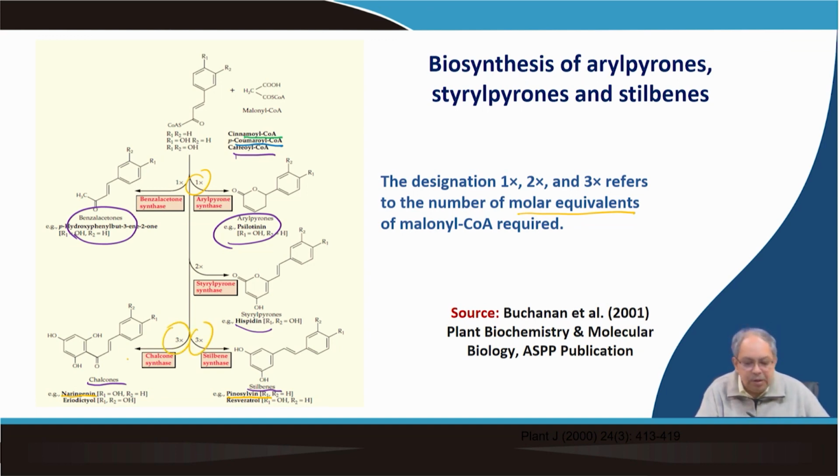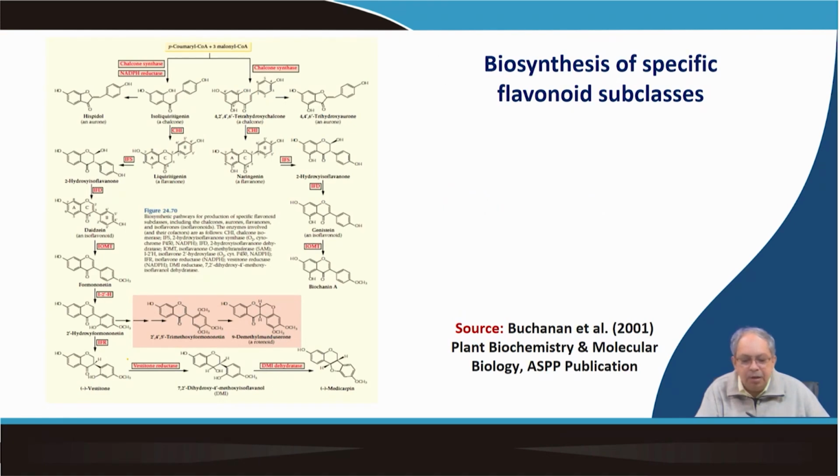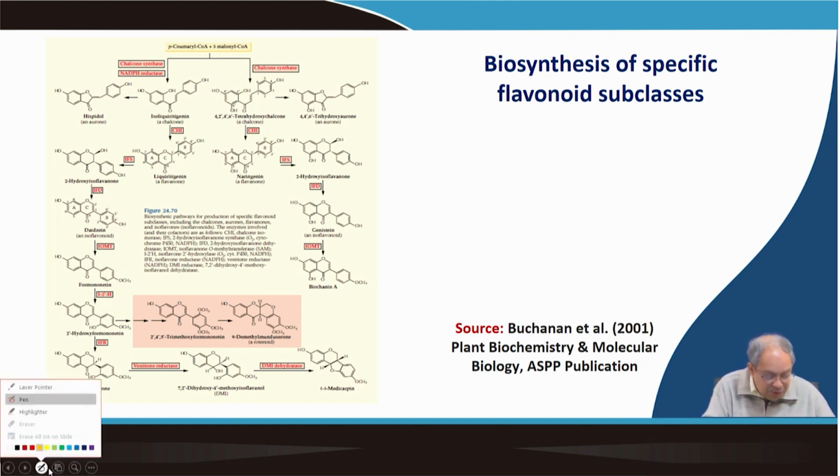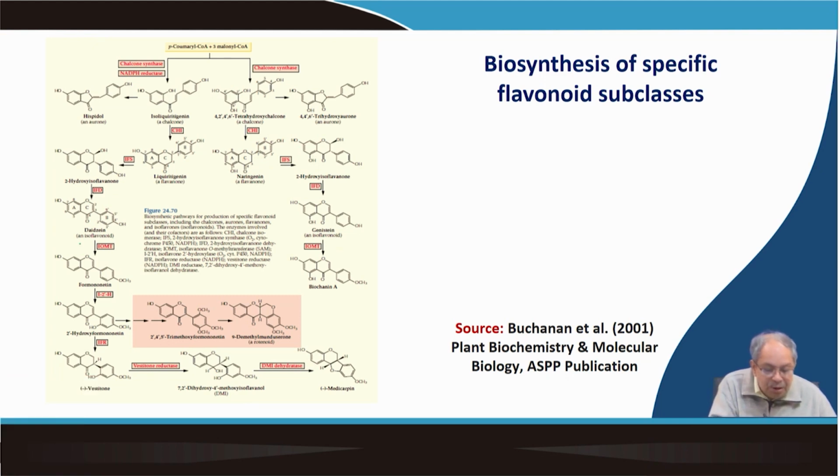So, this is what it is about. And then this eventually forms different complex flavonoid subclasses. So, this all looks very Greek. I will not really discuss in detail, but the examples you must know a little bit.